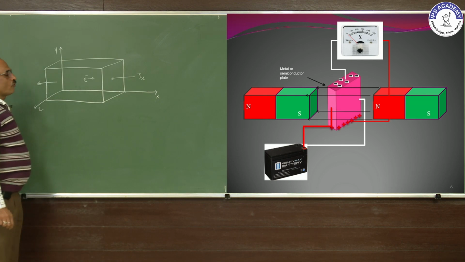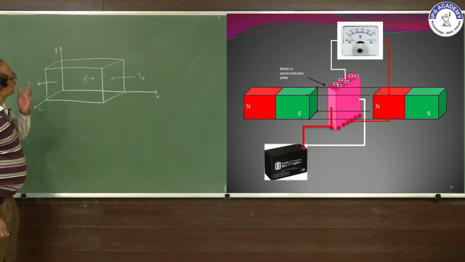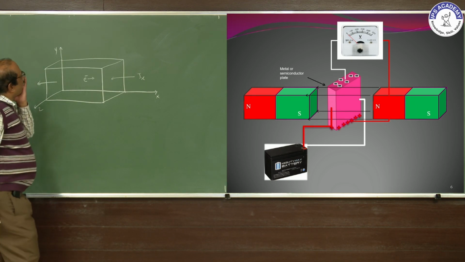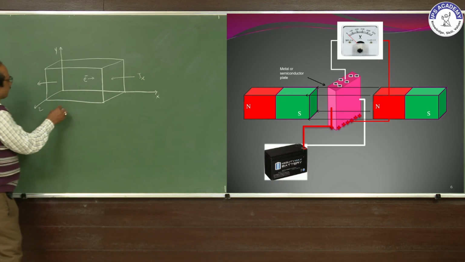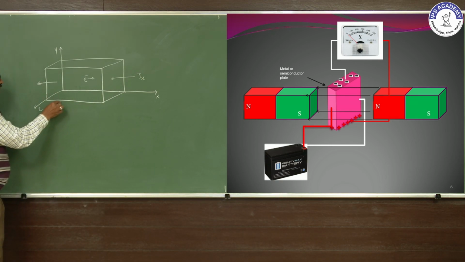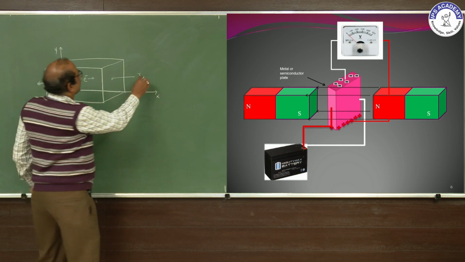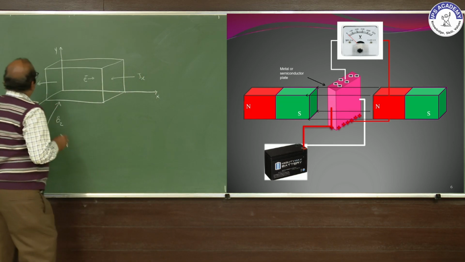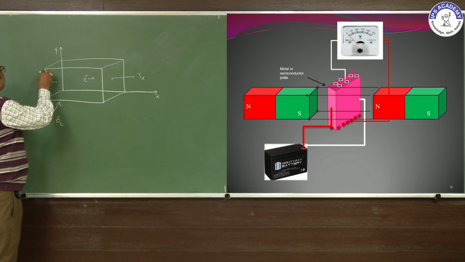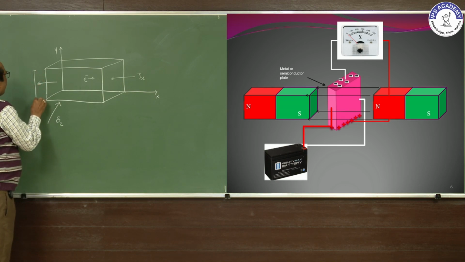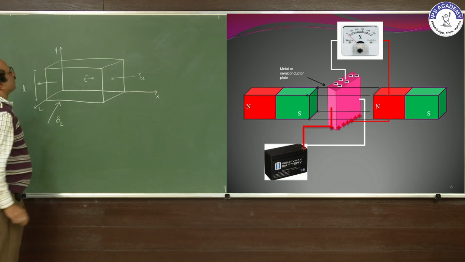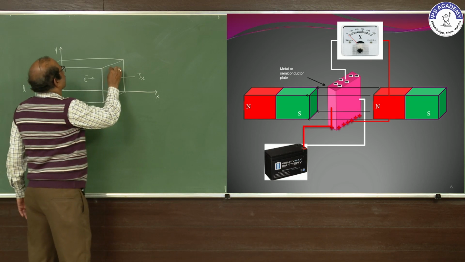So the electron will flow along the positive x-axis, and we apply the magnetic field along the z direction, let us call it Bz, and consider the width of this wafer is d and the breadth is t.